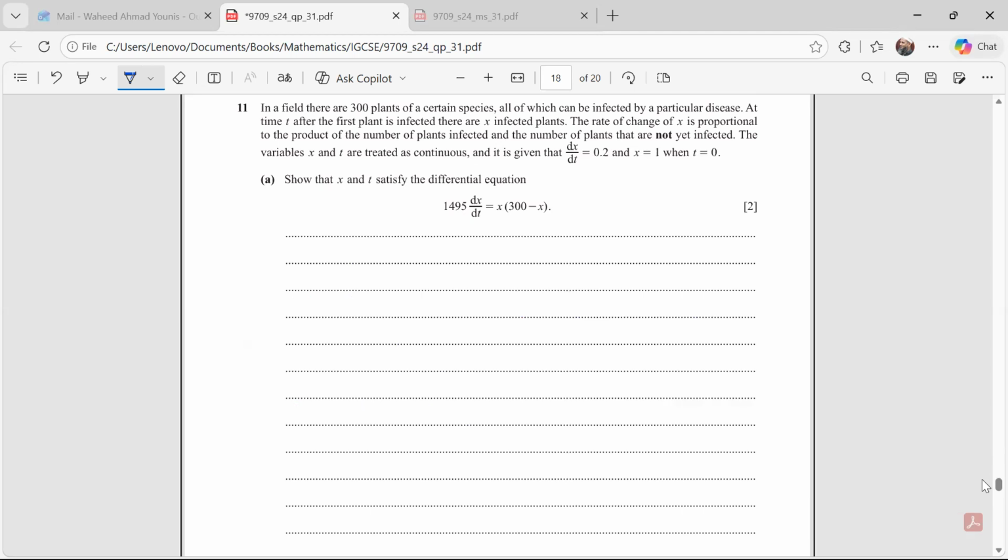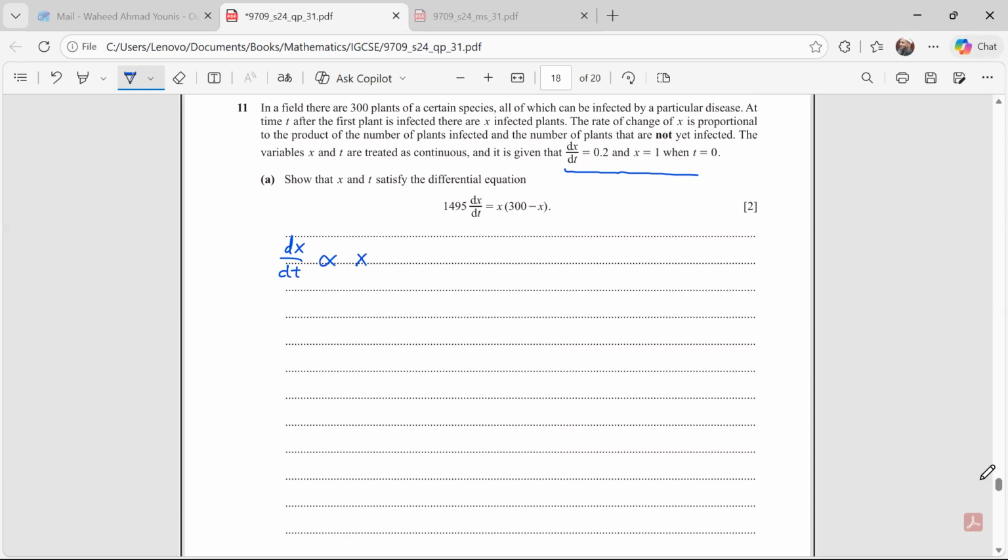And it is given as dx by dt. Show that X and T satisfy the differential equation, this one. So we are given this is the rate of change of x with respect to time, of course. So dx by dt is proportional to two things: the number of plants infected, which is x, and the number of plants which are not infected.